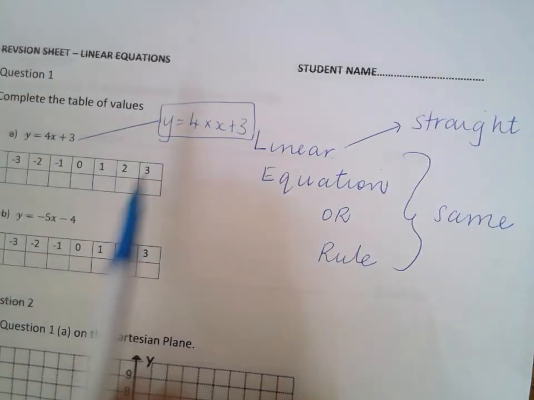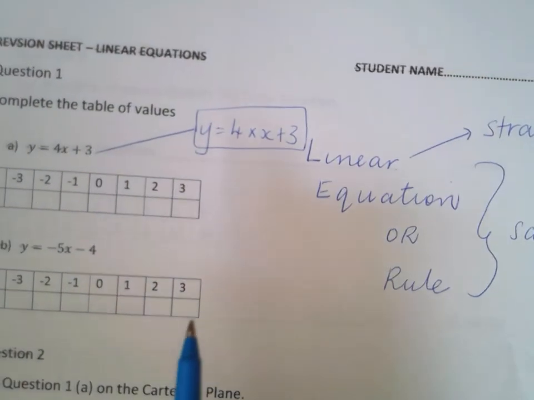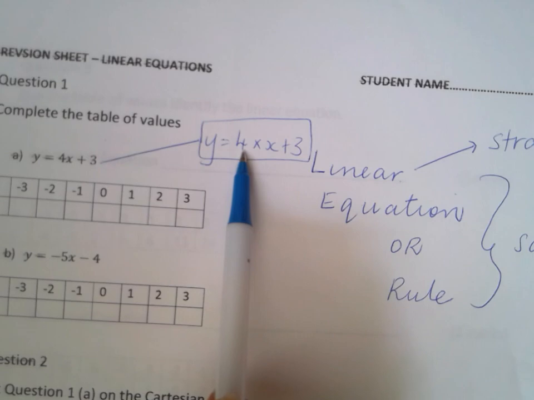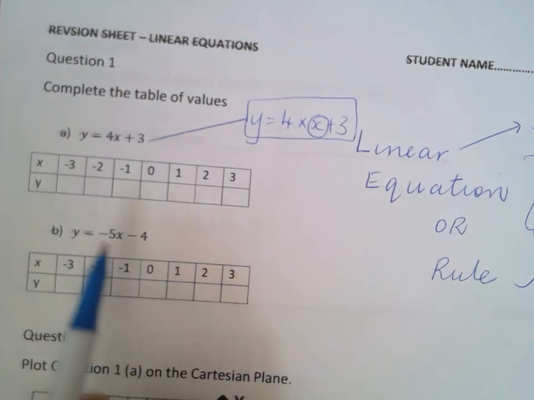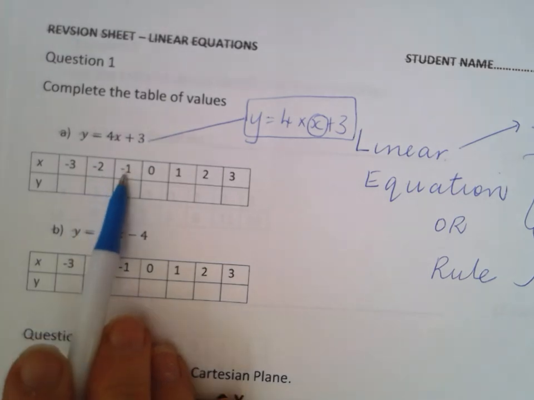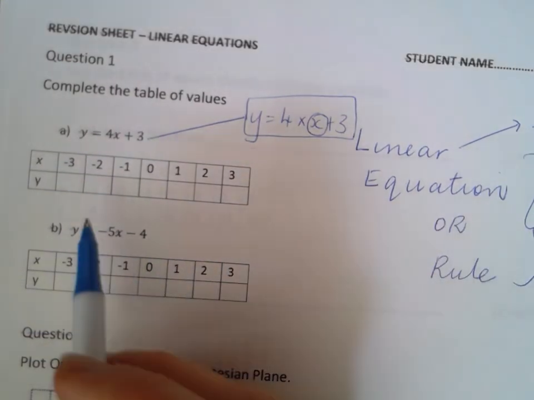So the 4 is going to stay in the whole time. Our x value is what's going to change depending on where we are in the table, and we're always going to plus 3.